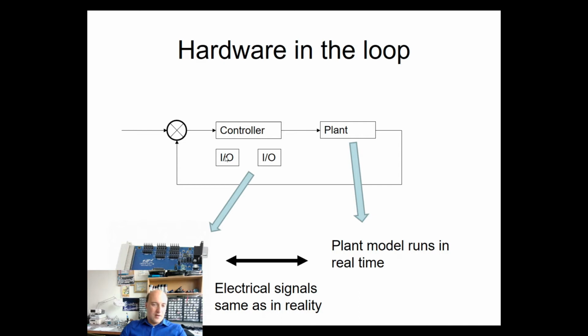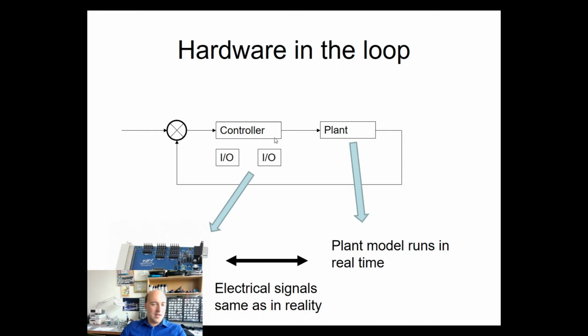Of course, in order to transfer the signals between the plant and the controller, you will need some inputs and outputs. So here with those blocks, I want to say that you will need some signals. And those signals will be real electrical signals as in reality. And it actually depends on what plant we will model here. This could be a simple voltage that we will send from the controller to the plant.